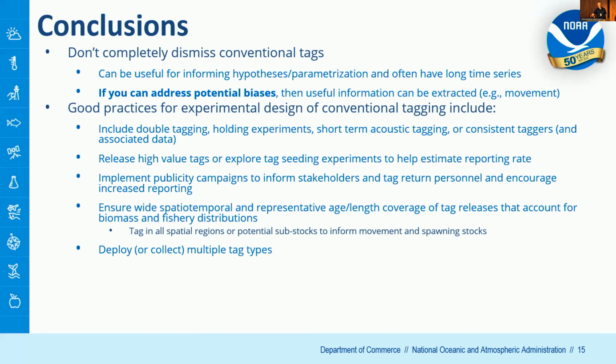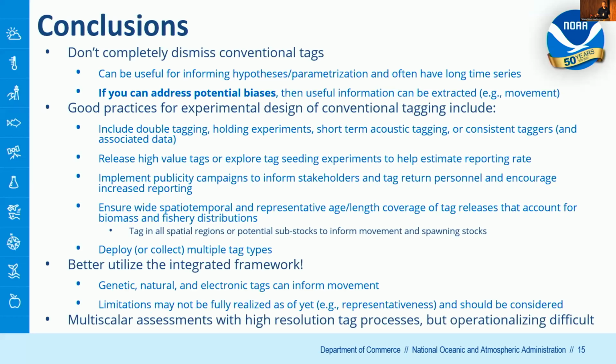High reward tags, trying to get at reporting rate issues, is always useful. And generally speaking, think about your experimental design before going out and just releasing a bunch of tags. Making sure that how you're tagging is going to be useful for how you're going to use the tags in the long run is definitely a useful approach.